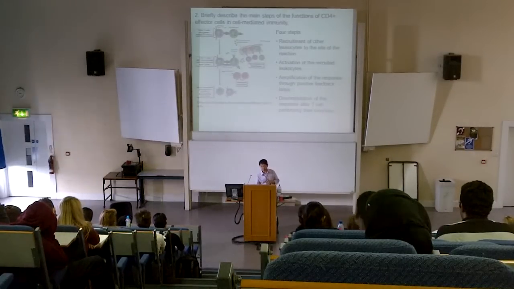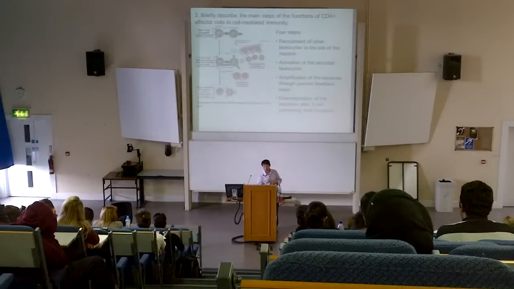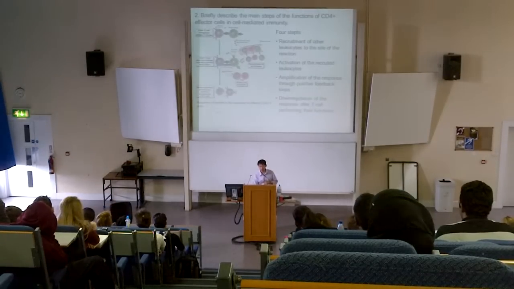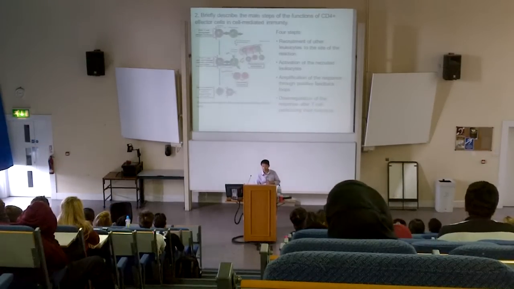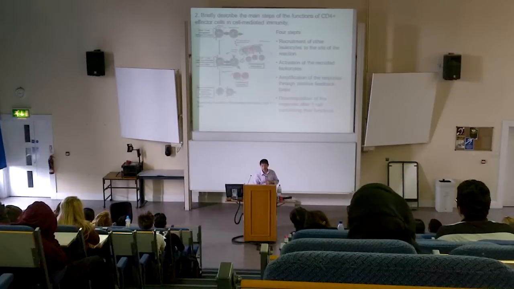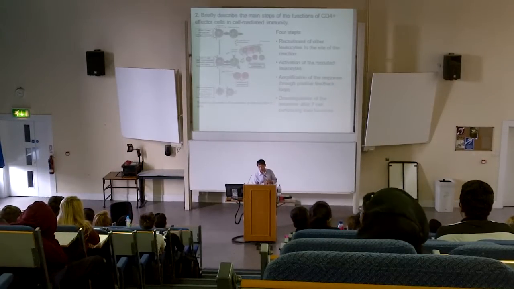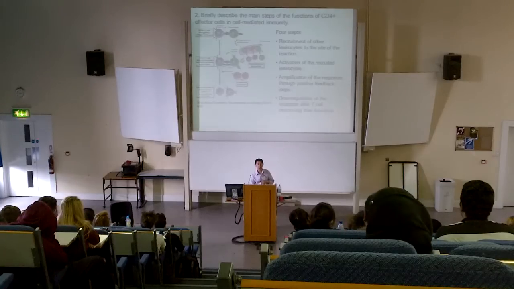And in most cases, there will be positive feedback, that's to say, to recruit more leukocytes to the site of infection. And after completing this process, the signals will be downregulated. So 4 steps.